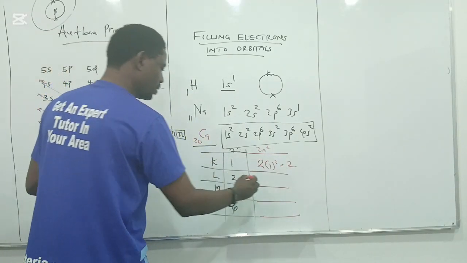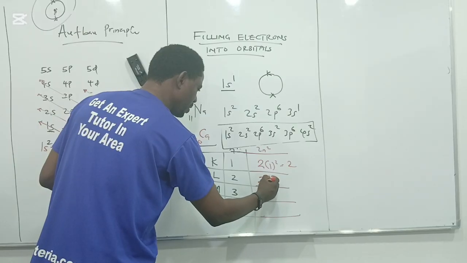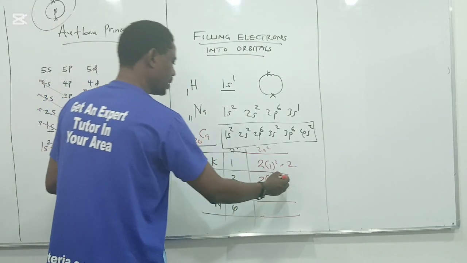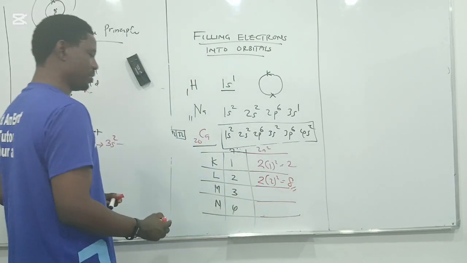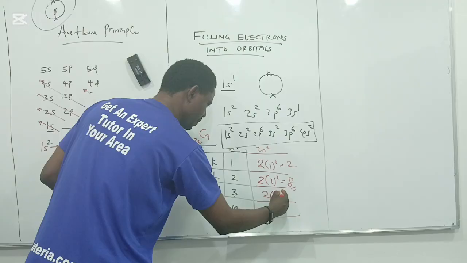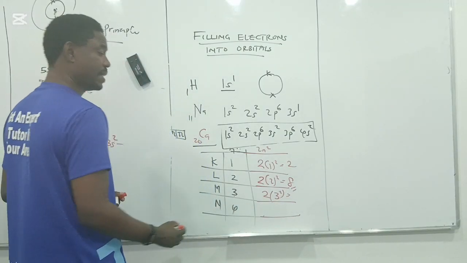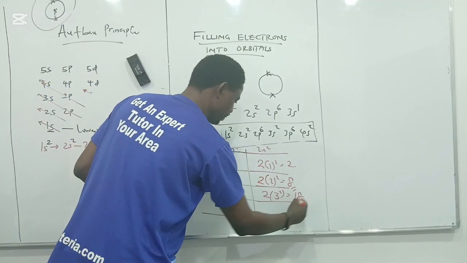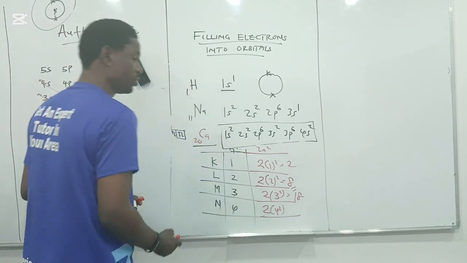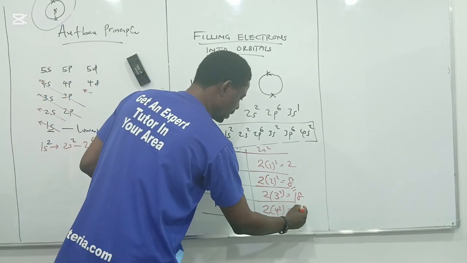For the second shell, the L shell, that is 2 times 2 squared, which is 2 times 4, that is 8. Let's go to the third shell. That is 2 times 3 squared, so that is 2 times 9, which is 18. And then the fourth shell is 2 times 4 squared, which is 2 times 16, which is 32.